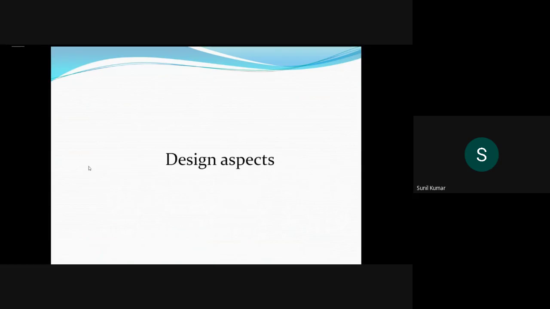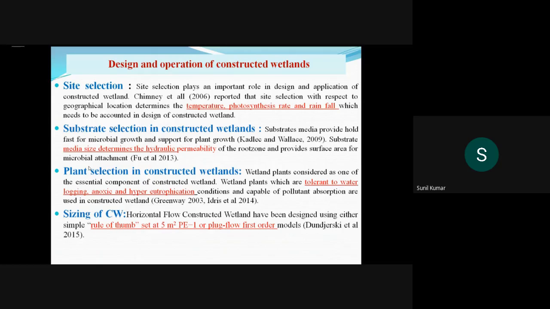Now let's get into the design aspects of this. What are the design aspects to be considered while designing a constructed wetland? First and foremost, site selection plays a very, very important role in the design of a constructed wetland. We have to see the location and its temperature, because sewage is being treated.